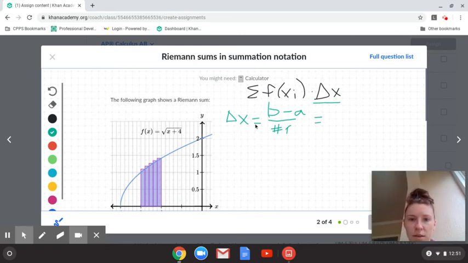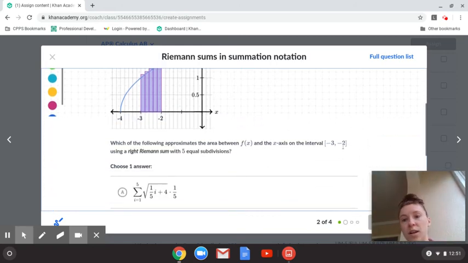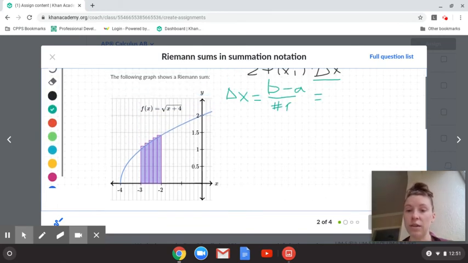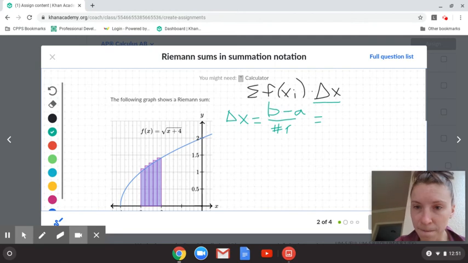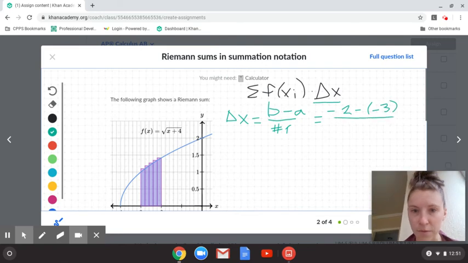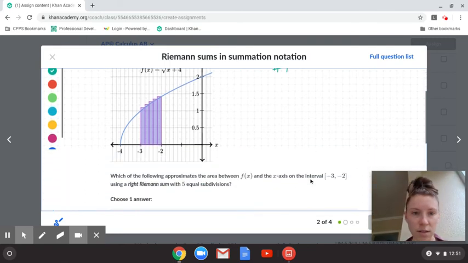So our interval is from -3 to -2. So our a is -3 and our b is -2. So -2 minus -3 over number of rectangles. I think it looks like 5.